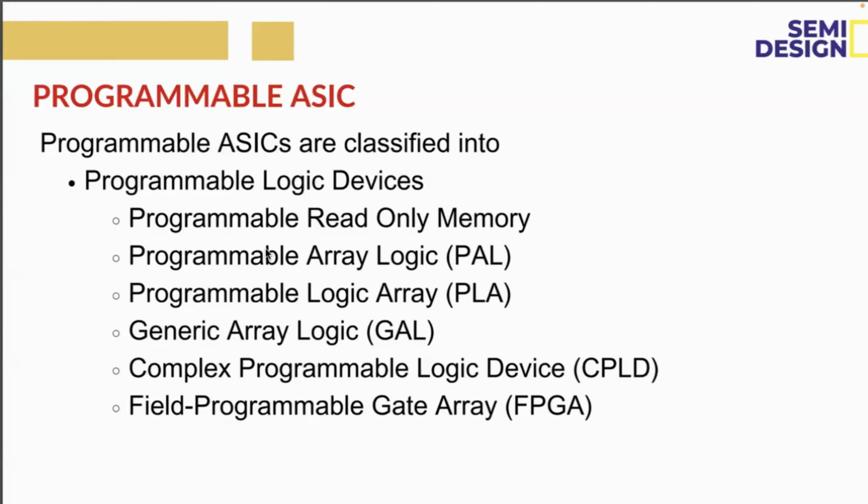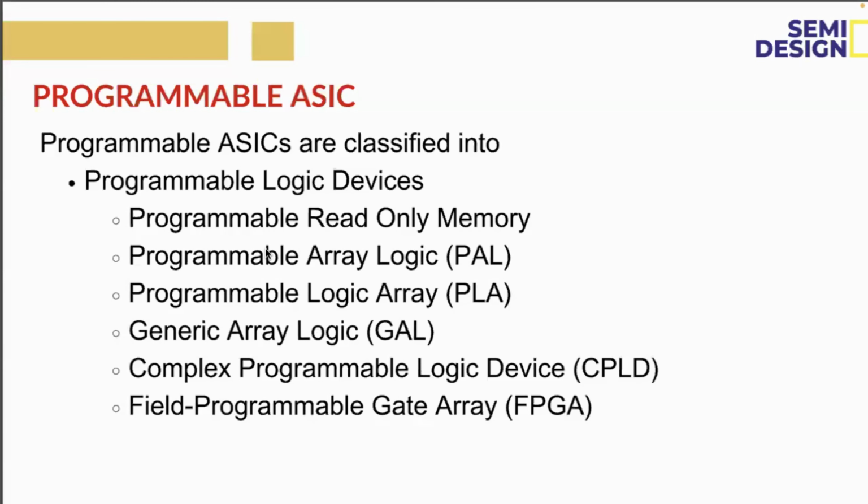High density in the sense that in a single FPGA chip, we can integrate thousands of gates, millions of gates, nearly 8 to 10 million gates on a single chip.